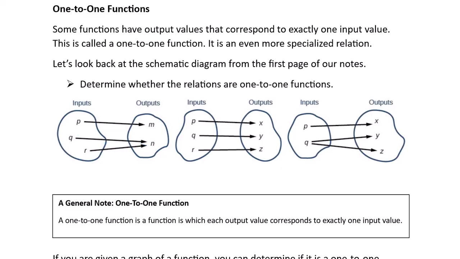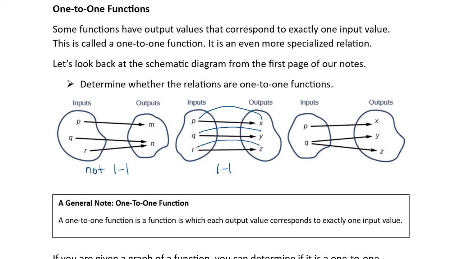No, it does not. So this is not one-to-one. This output came from exactly one input. This output came from exactly one input. This output came from exactly one input. So this is a one-to-one function.